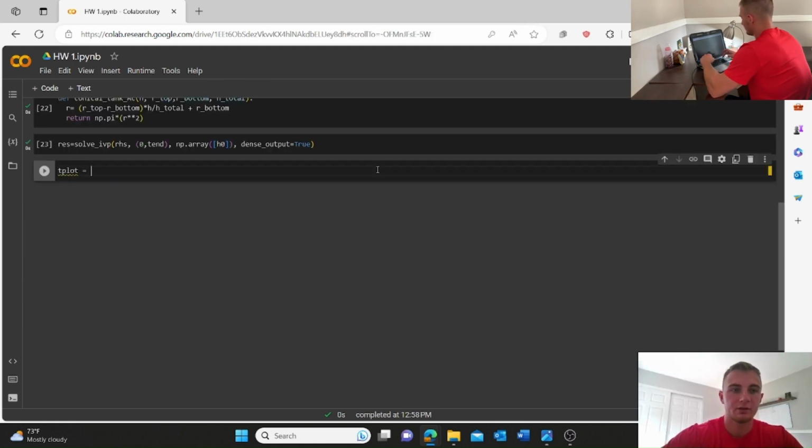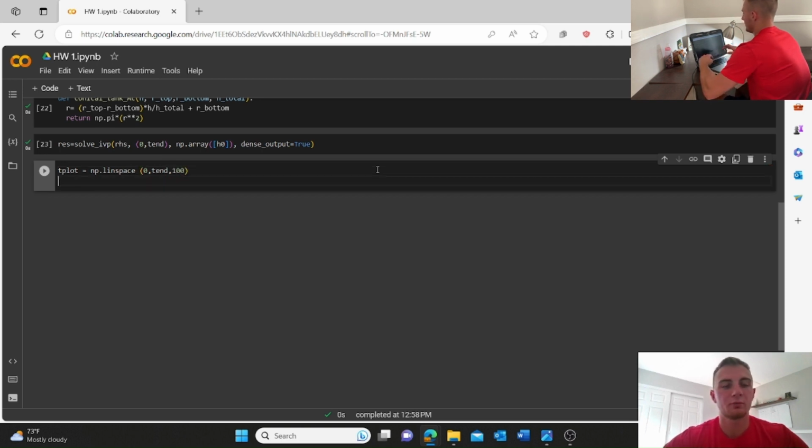I'll make a variable for tplot and linearly space some points here. So np.linspace, go 0 to t end and do 100 of them. And then we're going to set h equal to res and grab the solution, evaluate it at tplot, and also take that one-dimensional array.